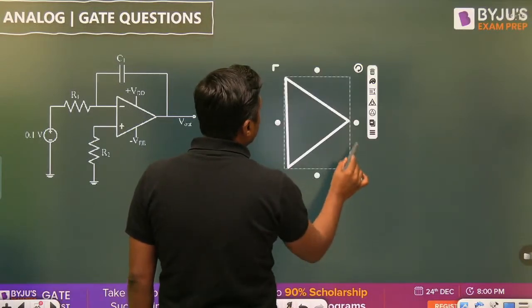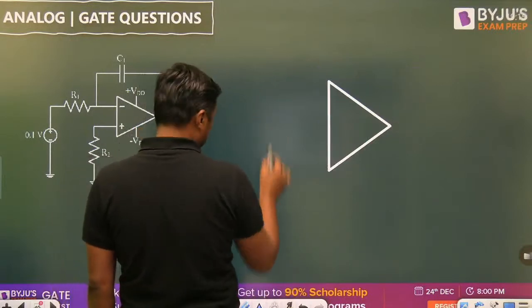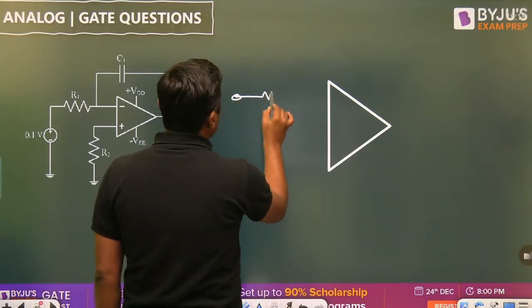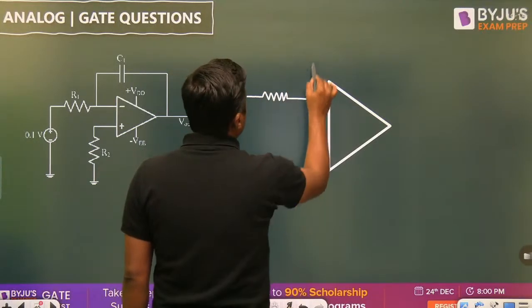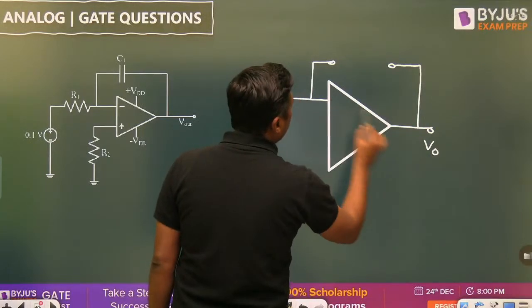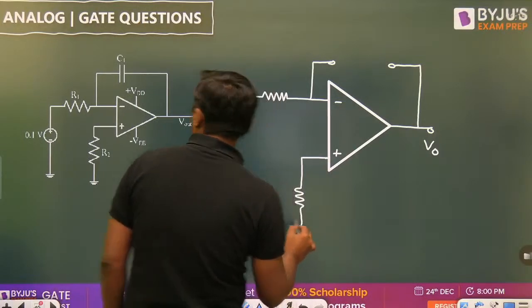In this diagram, once the capacitor acts as open circuit, then this is open, there will be no current, means there is no negative feedback. This point is open now. This is R1.